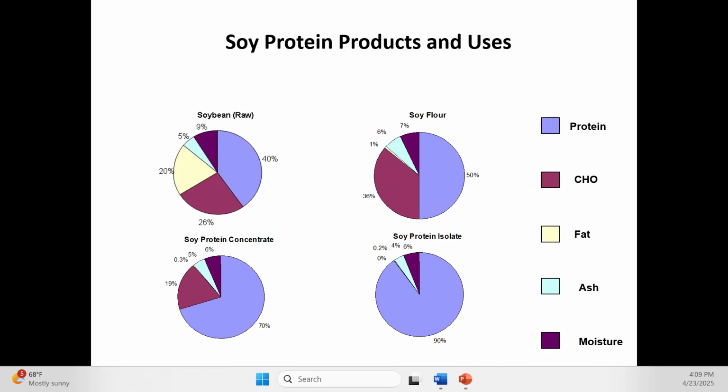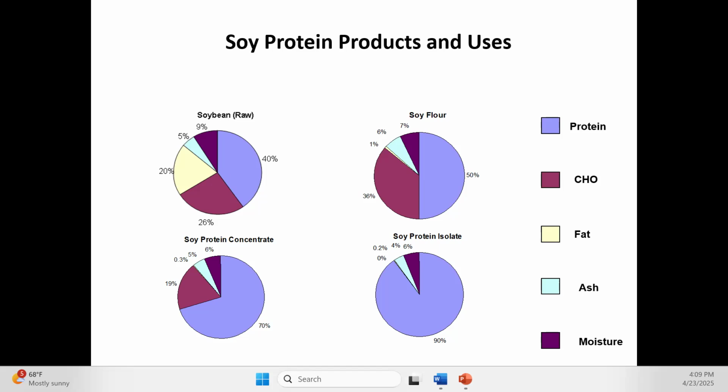So soy remains, no matter the negative perception, the leading plant protein in the market. It is used in so many different products, and you'll find it mostly in flour format, concentrate format, and isolate format.